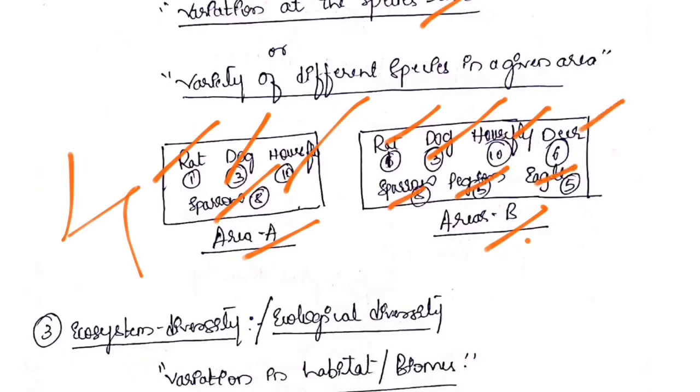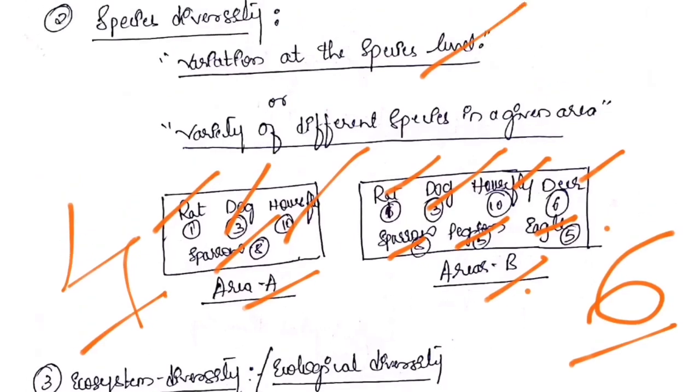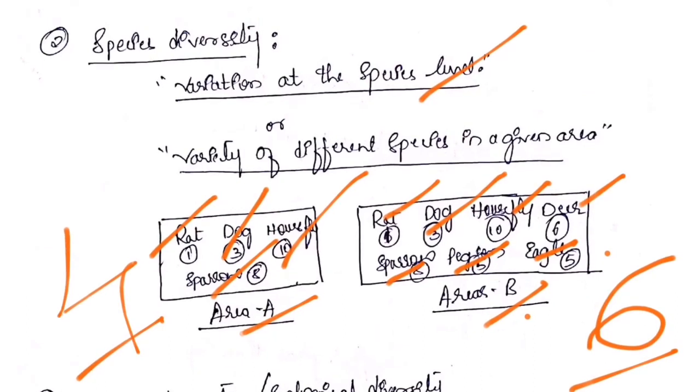Here is 4, here is 6. Which area has more species? Area B has more species. So this is species diversity: variety of different species within the given area. Here there are 6 different species, and here there are 4.